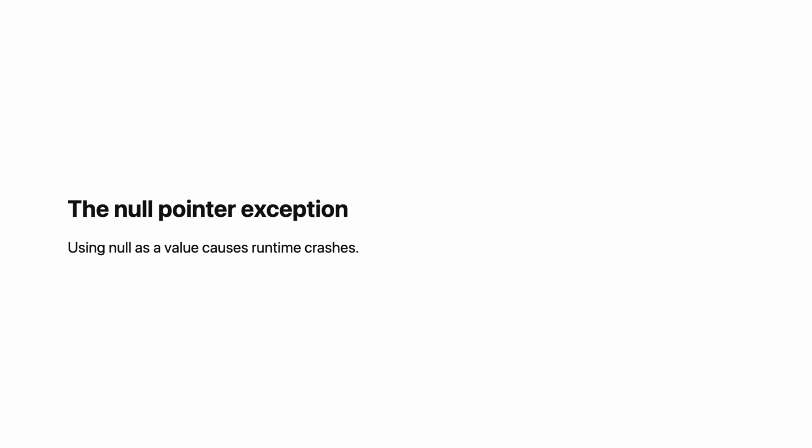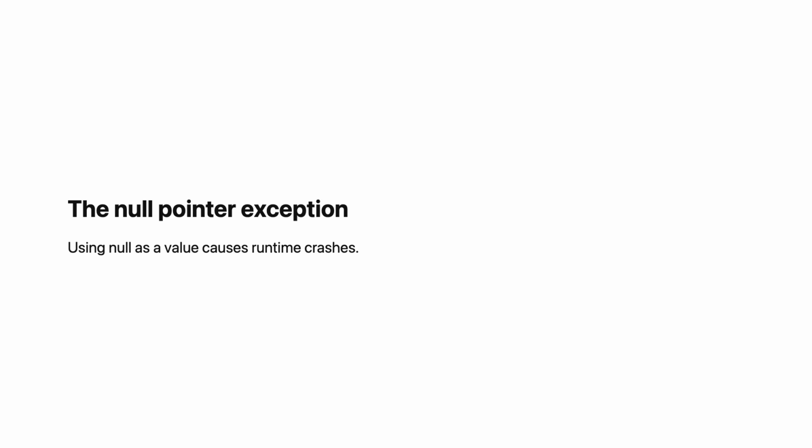There is no user, there is no name. The program crashes. This happens because null can appear where you expect real values. The type says user, but the value might be null. The type lies. Null turns what should be type errors into runtime crashes. The compiler says this is a user, but at runtime it is nothing.